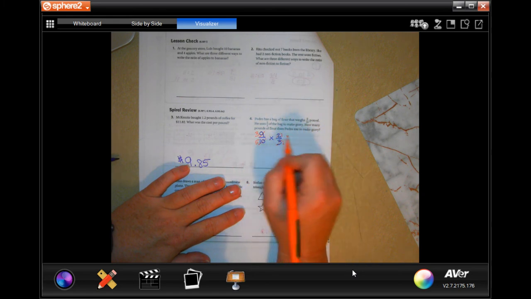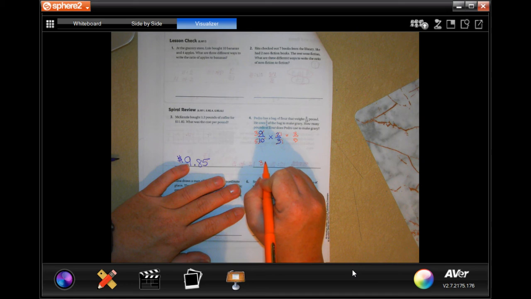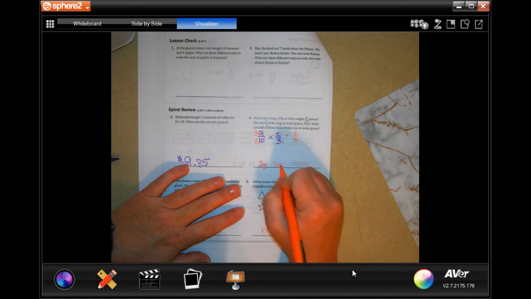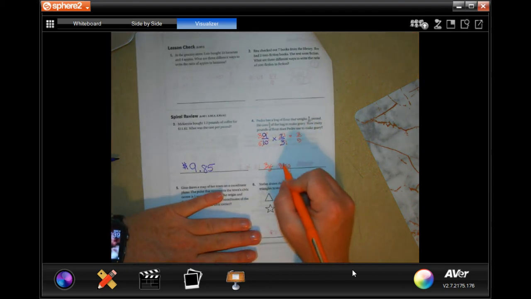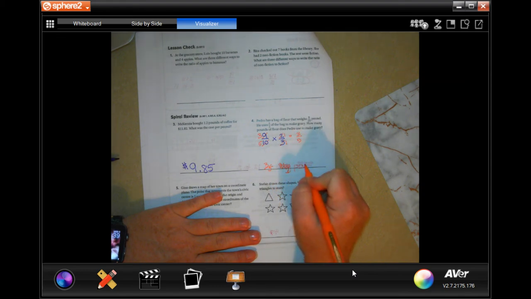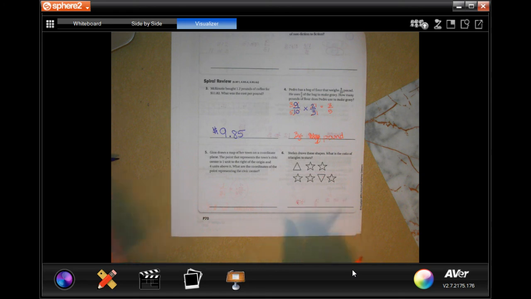So when I multiply straight across, I get 3 over 5. So 3/5 of the bag. Or 3/5 pound. Sorry, not bag. Sorry, guys. Still very early for Miss Leah.